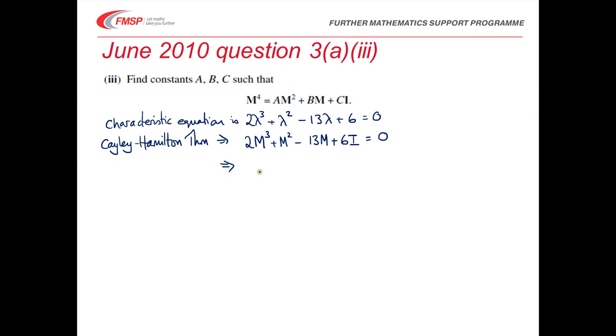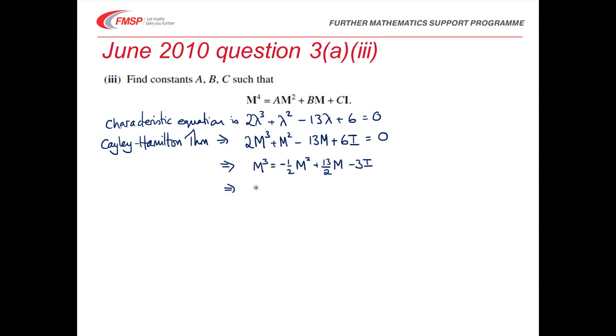And then rearrange that to get M cubed on its own. So M cubed, dividing everything by 2, is minus a half M squared plus 13 over 2 M minus 3I.